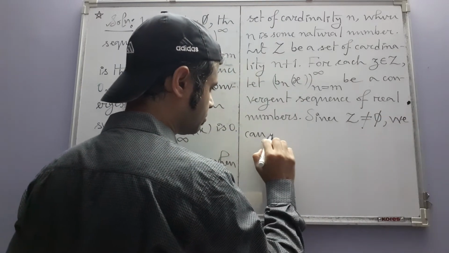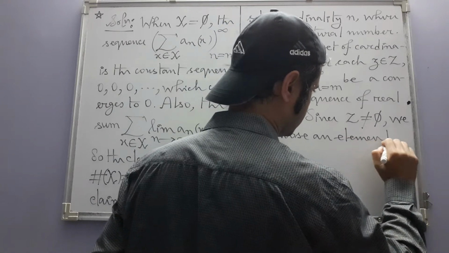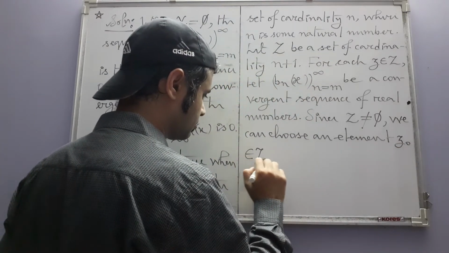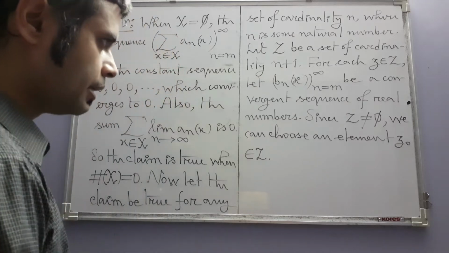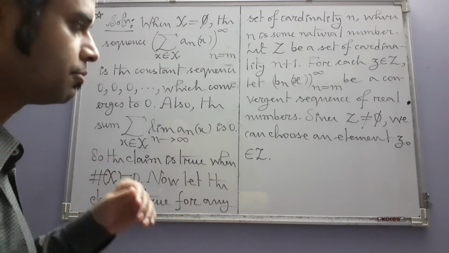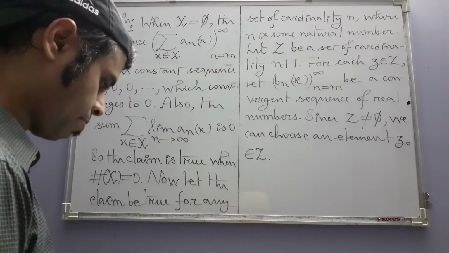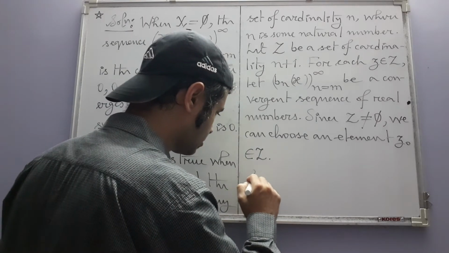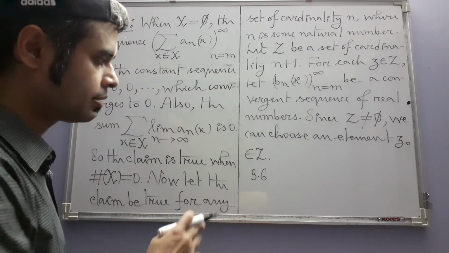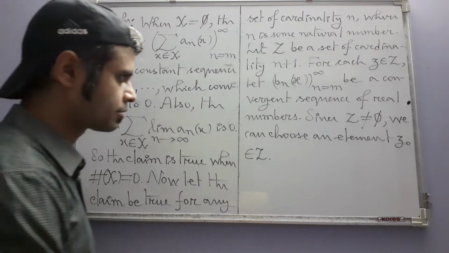We can choose an element, say z naught, belonging to Z. Then if you remove z naught from Z, that subset will have cardinality n, because you are removing one element. In fact, we have proved that in section 3.6, which treats finite sets. There we proved this fact, which however is so natural that there is no need to actually mention that result. We can just simply then write this.